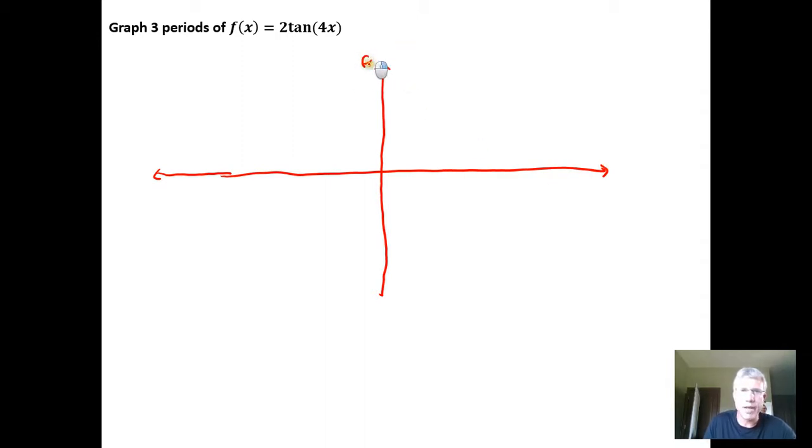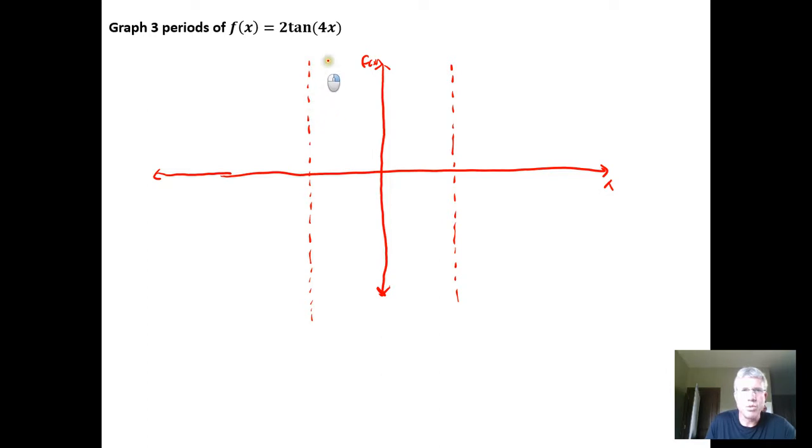So here's my f of x axis, here's my x axis, here's all the arrows we would be expected to draw. Give myself my two vertical asymptotes equally spaced around the f of x axis, and we'll go through the same exercise that we just did.